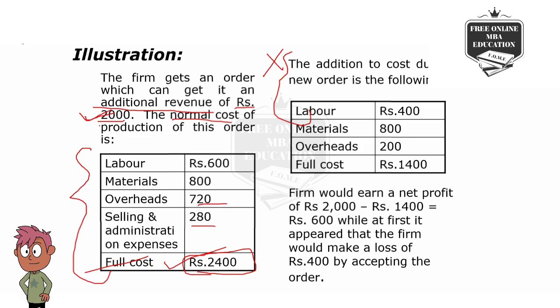So if my normal procurement processing cycle is for 100 units, and I'm spending 2400 rupees on making those 100 units, where I may be earning, just imagine, 3000 rupees. That's my normal cycle. Normal cost 2400 for 100 units, normal revenue 3000 rupees for 100 units, right?